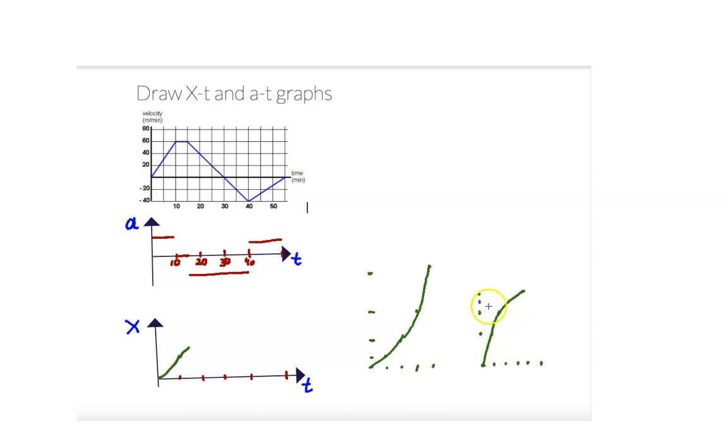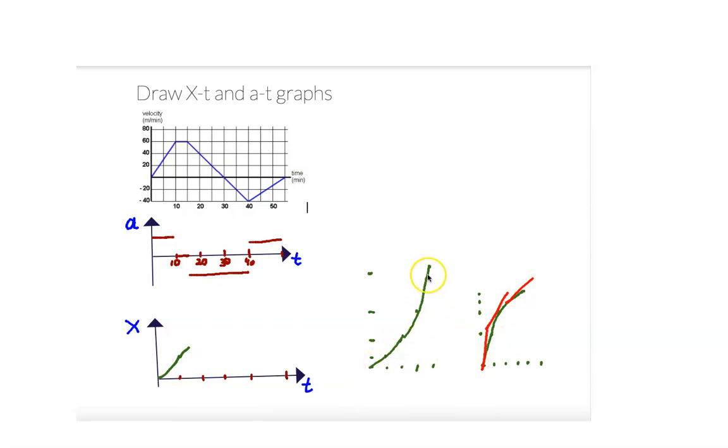The slope of this tangent line to the parabola will show what's happening to my velocity. For example, here the tangent line is like this. Here the slope of my tangent line decreases, and here it decreases even more. And it makes sense, it slows down.